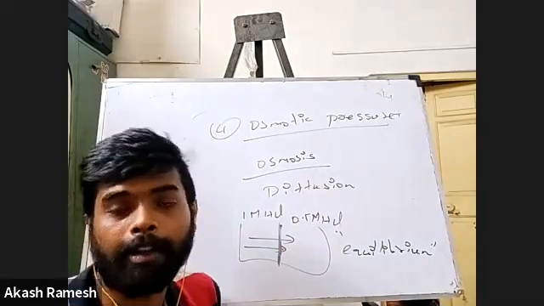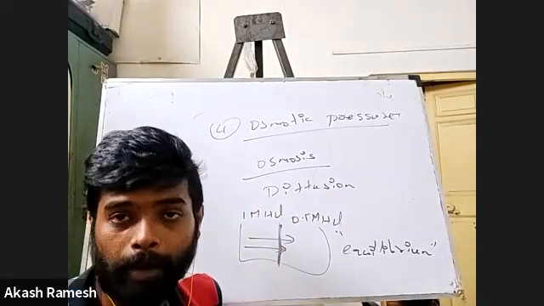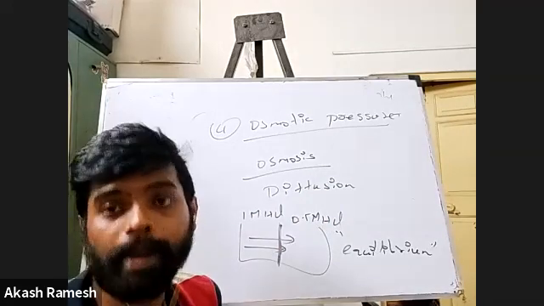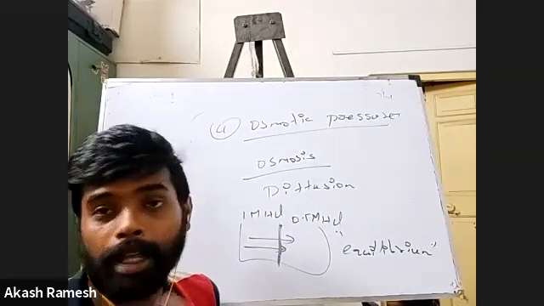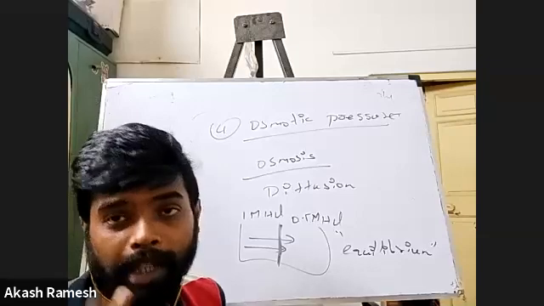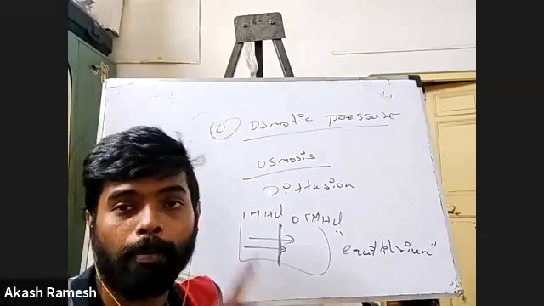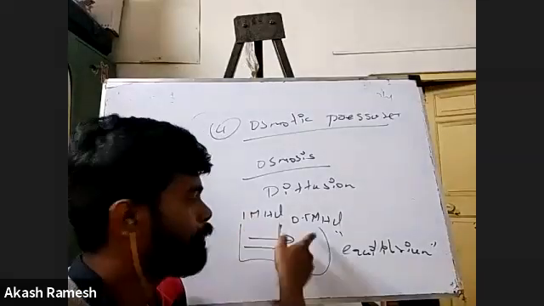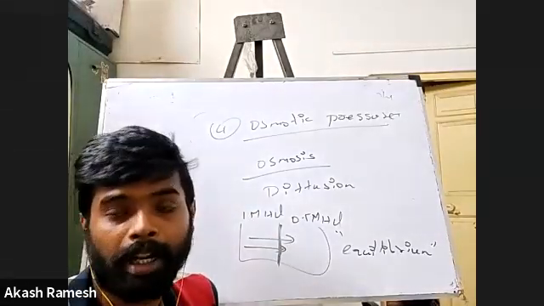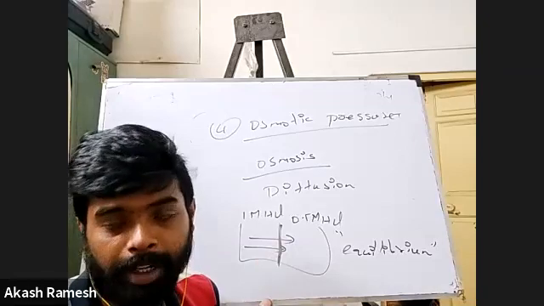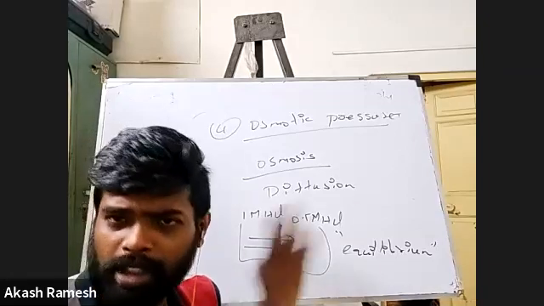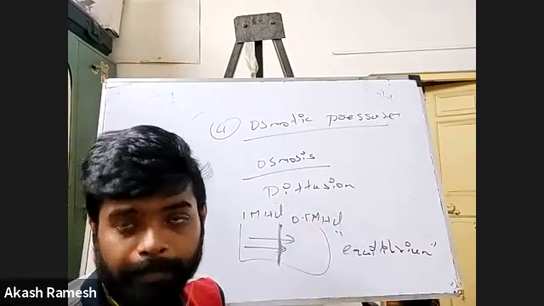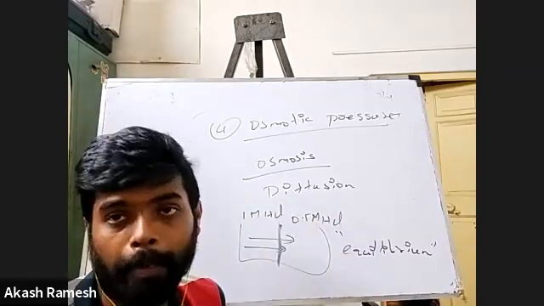That is what you mean by equilibrium. So if someone asks you in diffusion or osmosis why there is a movement, you tell them that they move because they want to attain equilibrium. Equilibrium in the sense that on both sides the concentration should become equal. Now they are not equal. 1M and 0.5M is there. So through the movement, the system is going to make sure that these two concentrations become the same. That is why the movement is happening.